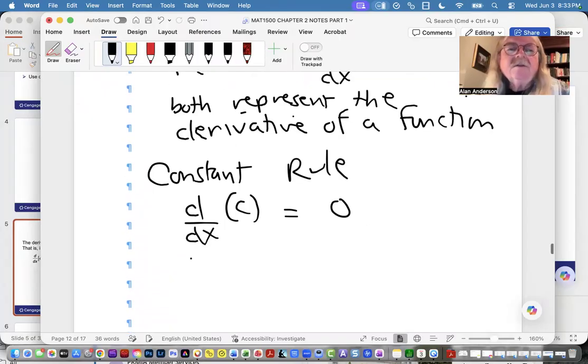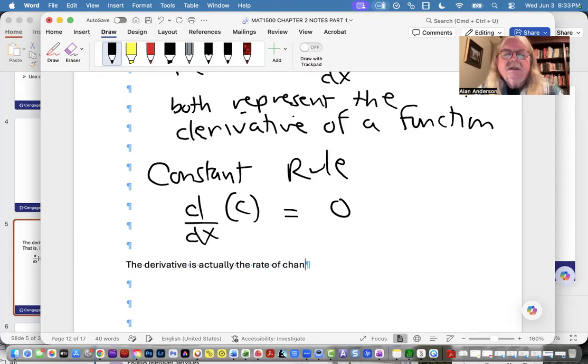Okay. Now, here's why this is happening. Remember, the derivative is actually the rate of change of one variable with respect to a change in another variable.